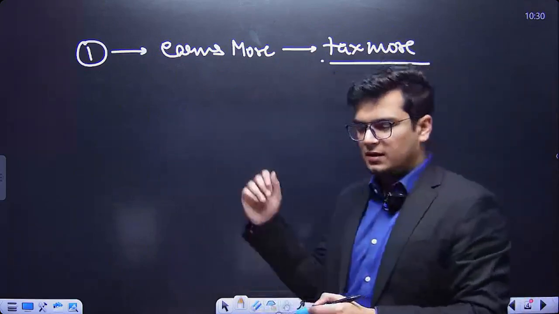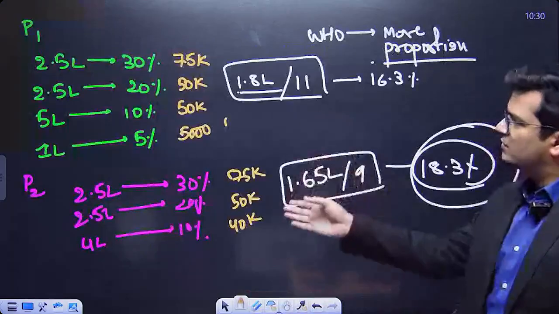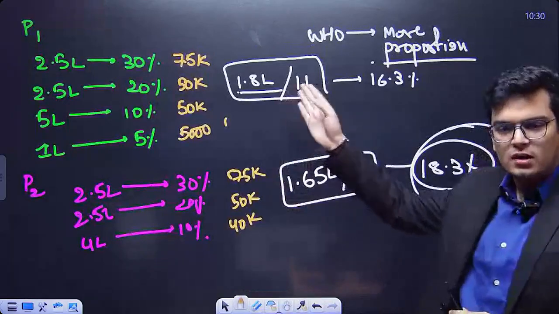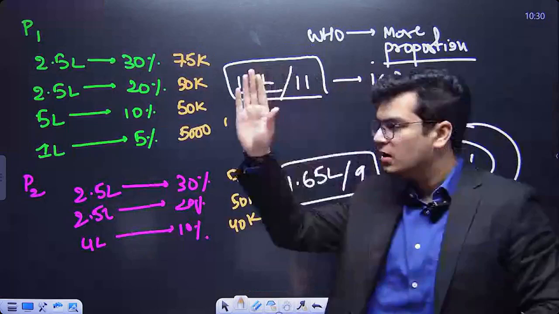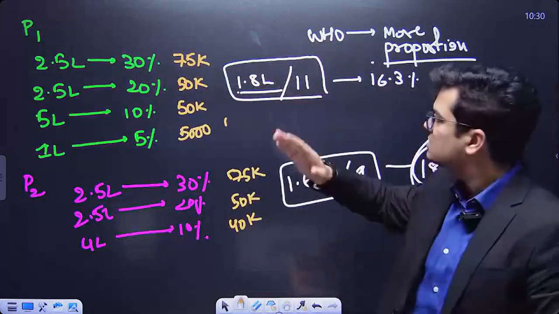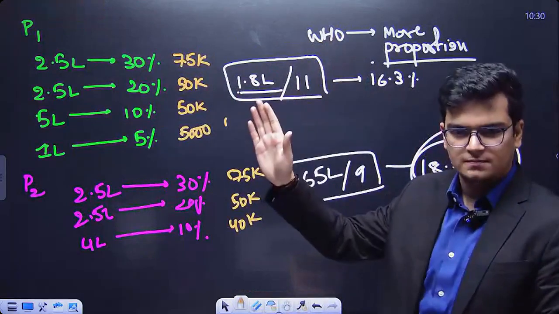इस केस में हमने क्या देखा? Even in regressive system, even in progressive system, person who is earning more is paying more overall tax. Overall tax burden is more on person who is earning more, right?